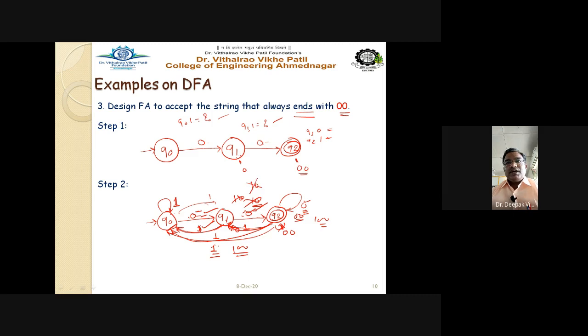That's why I put the transition on 1 input from the q2 state to the q0 state and not the q1 state. Getting this point? So why? Because our conditions are there. We want a string that must end with 0 0. There must not be 1 0. There must not be 0 1 like this. It must be 0 0, two letters, two alphabets, consecutive 0 0. Right? Okay.